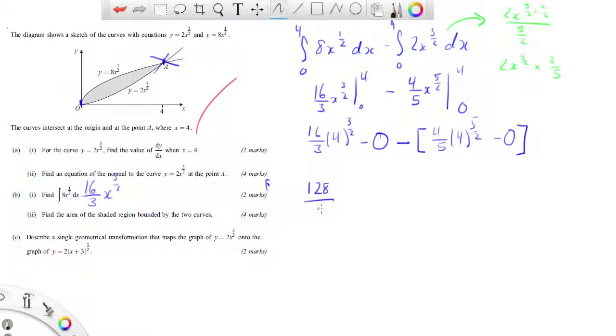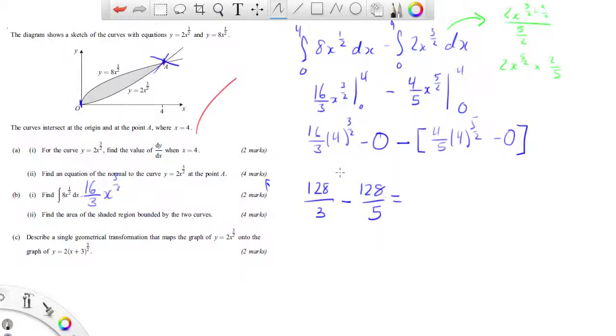So 128 over 3. Minus the 0, we don't really care about that. Minus here, this is going to be 2 to the 5th, which is 32. 32 times 4 is really the same thing as 64 times 2, which is also 128, but now we have fifths.